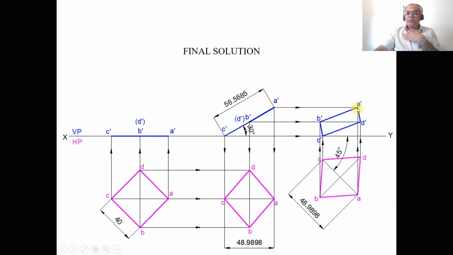Both these two lines will intersect at this point, and you mark this point as A dash, and then join A dash to B dash, B dash to C dash, C dash to D dash, and D dash to A dash with a dark line.